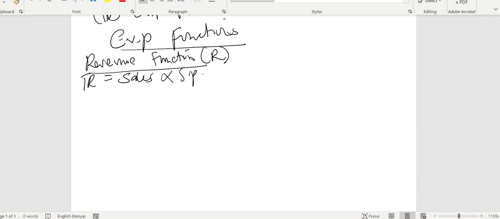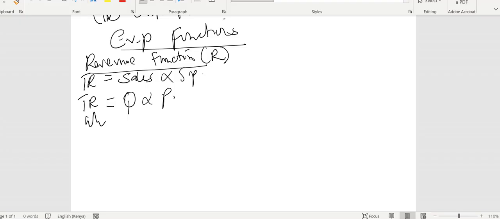So your sales here is quantity. Are we together? Sales is quantity. How much in terms of volume, number of units you sold that period. So we can form an equation and say total revenue is equal to Q times P. P is the selling price per unit.